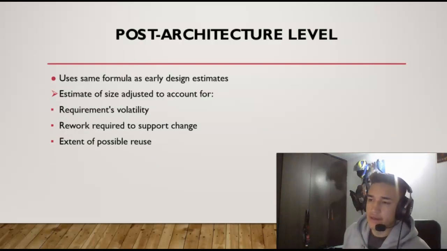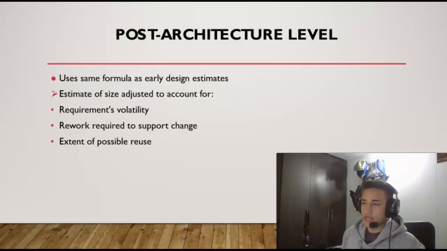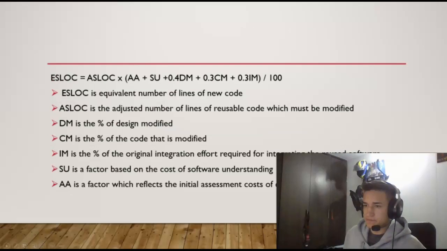Post-architecture level uses the same formula as early design estimates. The estimate of size is adjusted to account for requirements volatility, rework required to support change, and extent of possible reuse. ASLOC is its formula. ESLOC is the equivalent number of lines of new code. ASLOC is the adjusted number of lines of reusable code which must be modified.